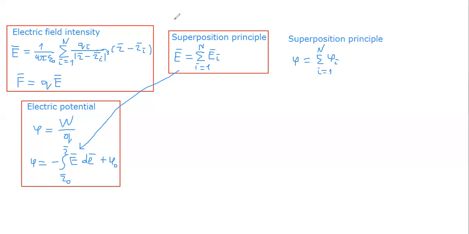So we can add electric potentials, and we can simply add electric field intensities according to the principle of superposition. So is it clear? Okay, let's continue.